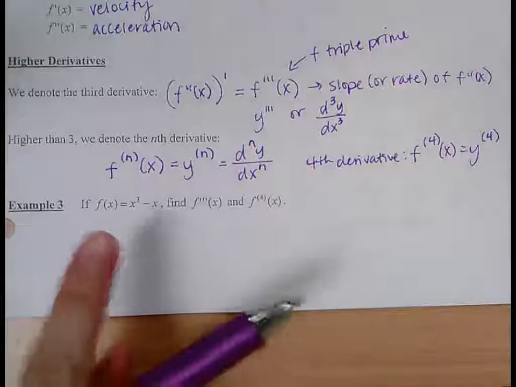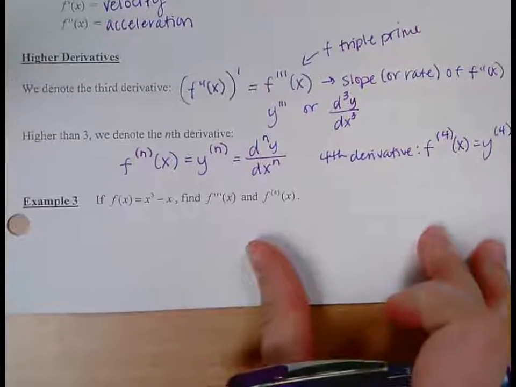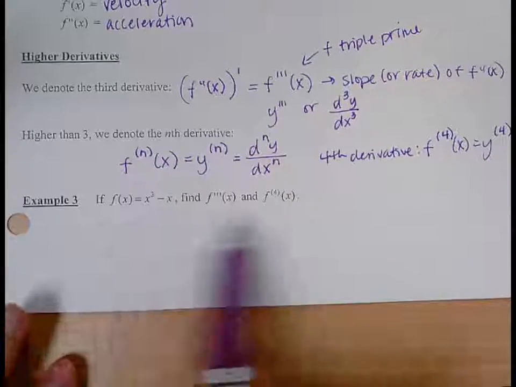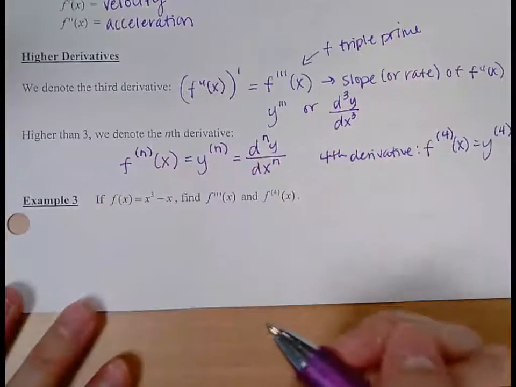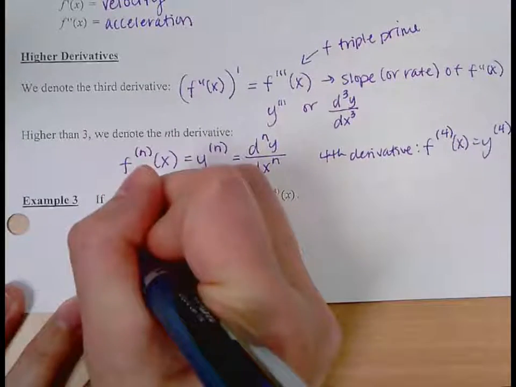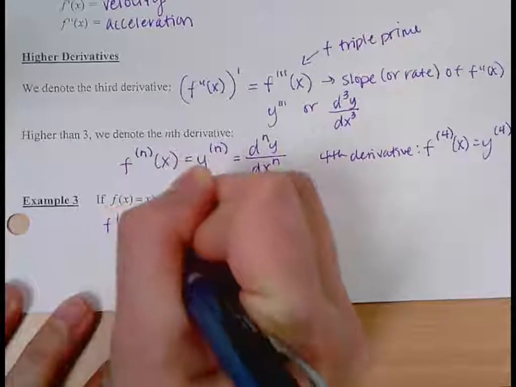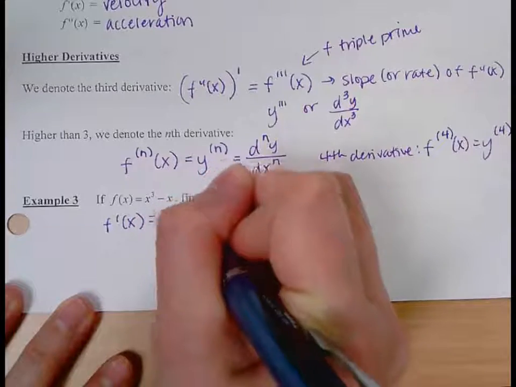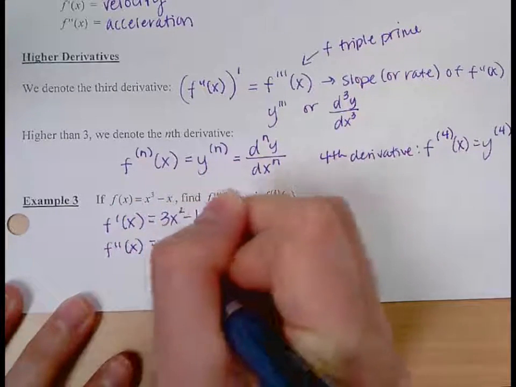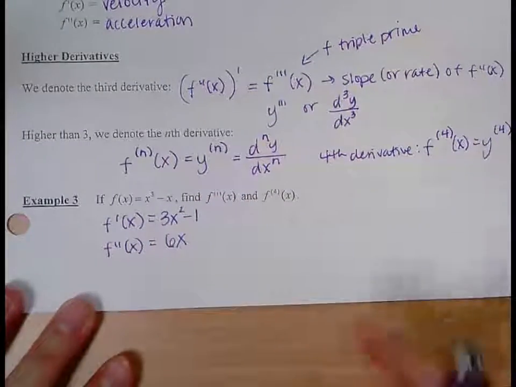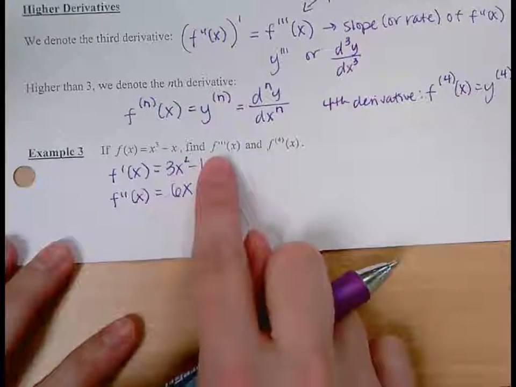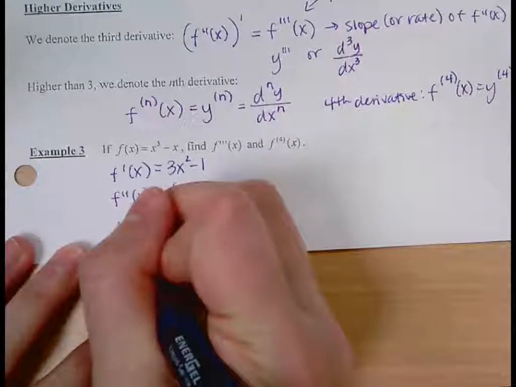All right, so in example 3, this is continuing from example 2. So we had the original function x cubed minus x. In example 2, you said f prime of x was 3x squared minus 1. And then you found the second derivative, f double prime of x, was 6x. This is now asking us to find the third derivative and the fourth derivative, f triple prime and then the fourth derivative.